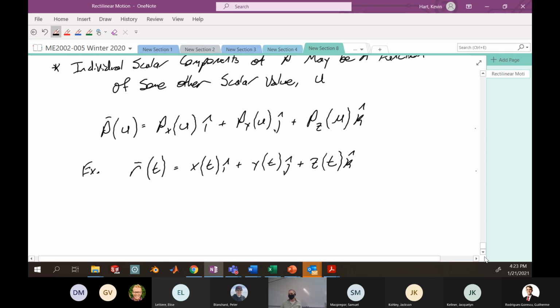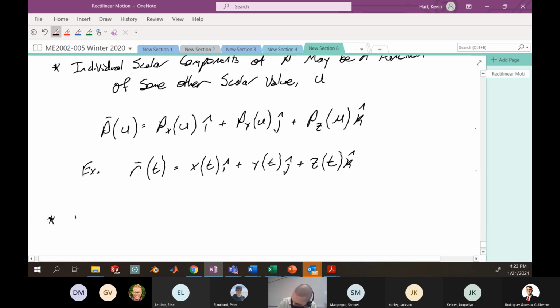So now when we're talking about the derivative of something that looks like this, the derivative of just this arbitrary vector p driven by another arbitrary scalar u, we've got to really be meticulous about this, okay?